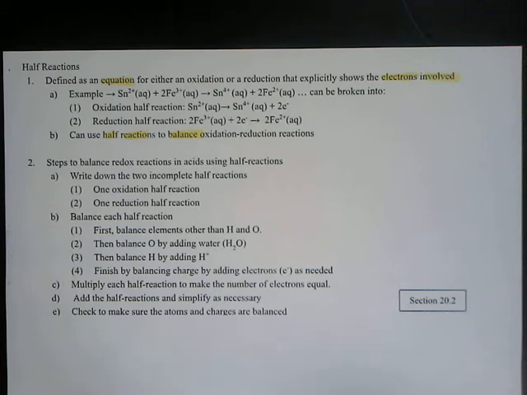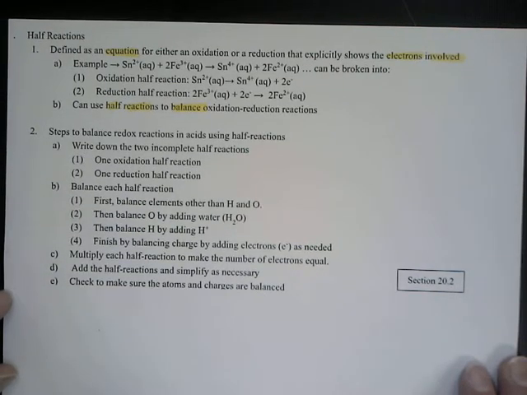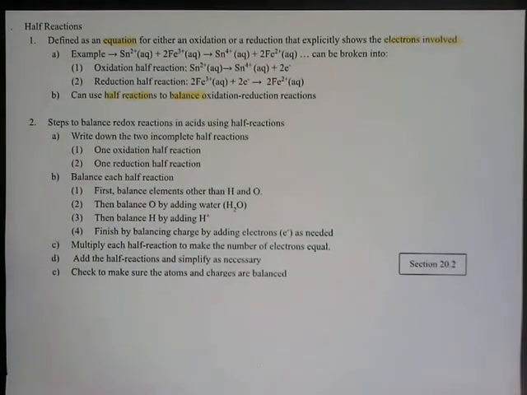Now, we've done this before, but what we are going to do is balance via half reactions. So what we need to do first is split apart the oxidation and reduction reaction. Then we balance everything except hydrogen and oxygen.